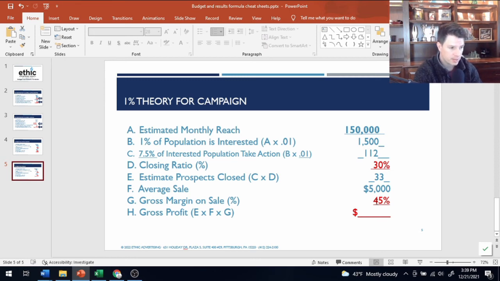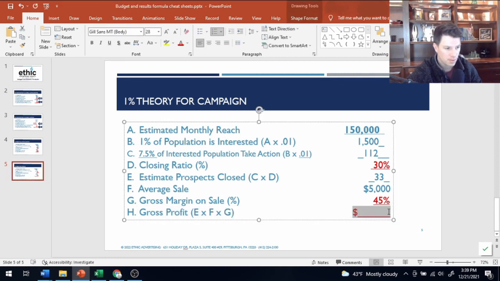So you take 33 E, the estimated prospects closed, multiplied by the average sale, multiplied by your margin, and that's $74,250.